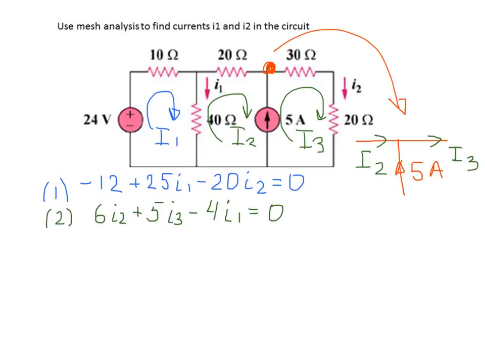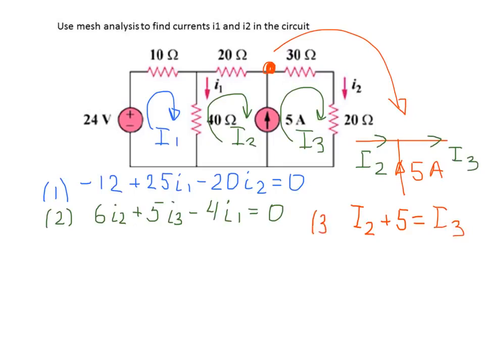Applying Kirchhoff's current law to this node, we know that all currents coming into the node equal the sum of all currents leaving the node, so I2 plus 5 equals I3. So basically this is our equation number 3.